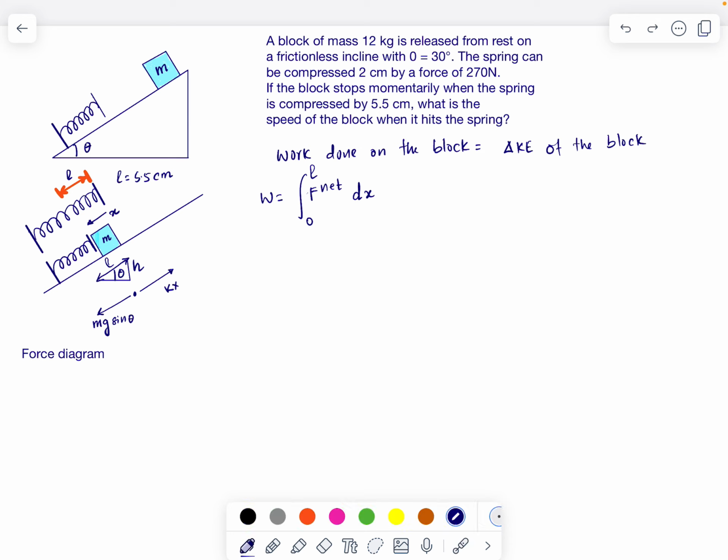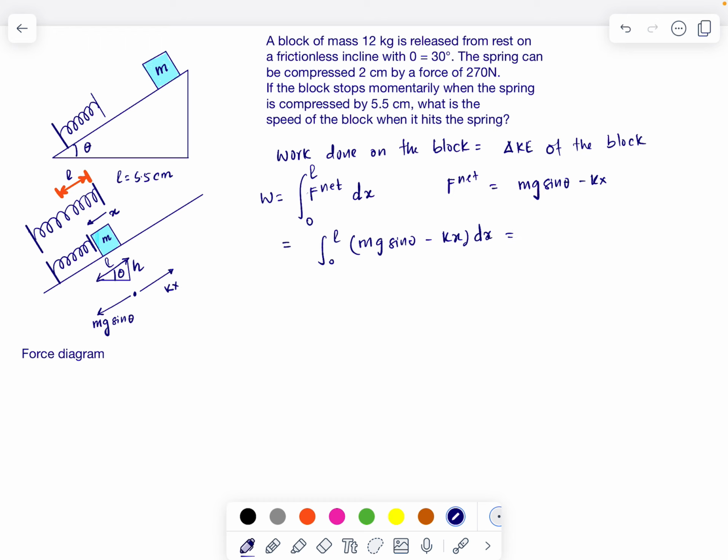So we can write F net equals mg sine theta minus kx. So this work done becomes the integral from 0 to L of (mg sine theta minus kx) dx.